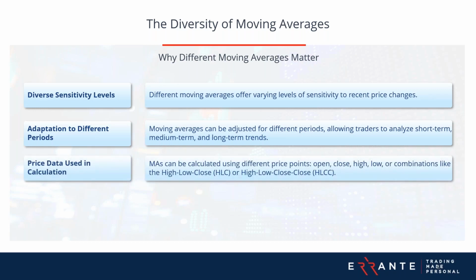Next, the choice of price data used in the calculation, whether it's the opening, closing, high, low, or a combination like HLC or HLCC, offers further customization to our moving average. And this allows traders to create moving averages that best reflect their analytical focus, whether on the volatility captured by high and low prices or the finality of closing prices.